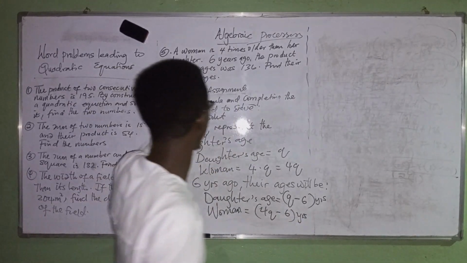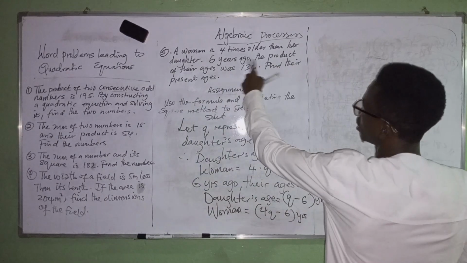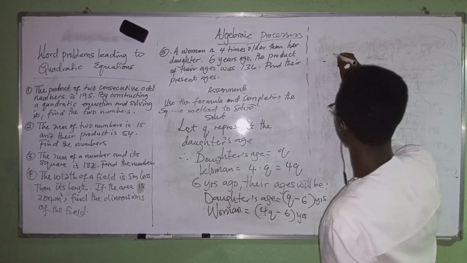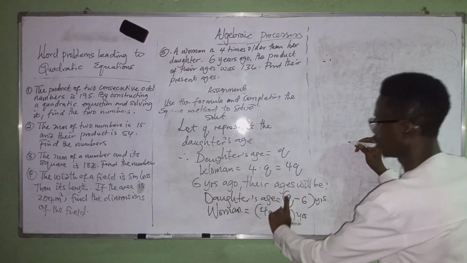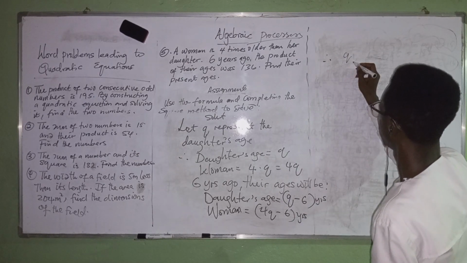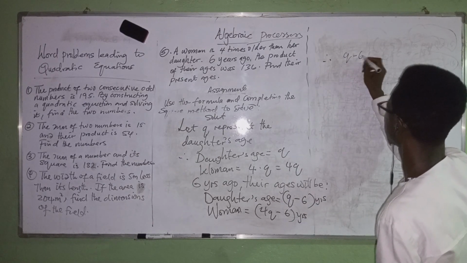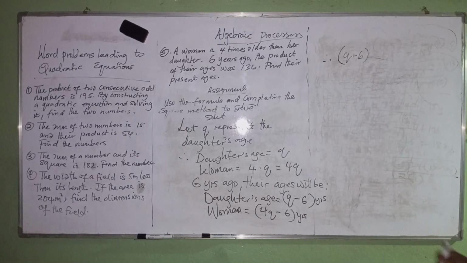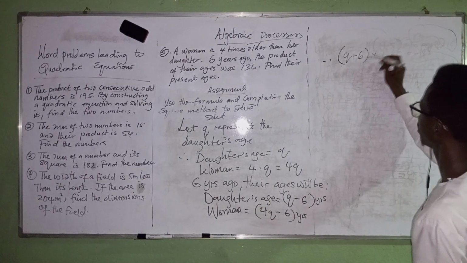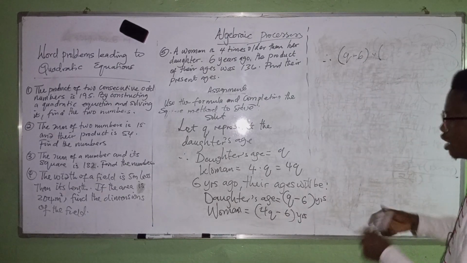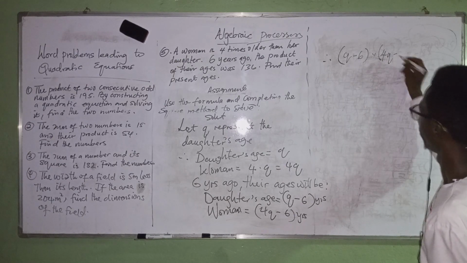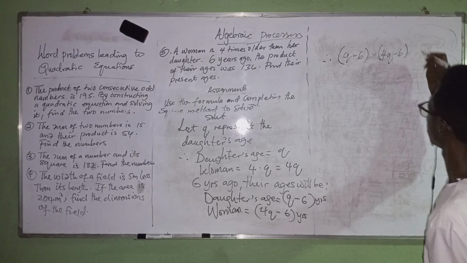But the question further says 6 years ago, the product of their ages. So meaning you have to multiply these. So you have Q minus 6, that's the daughter's age, multiplied by the mother's age, which is 4Q minus 6.